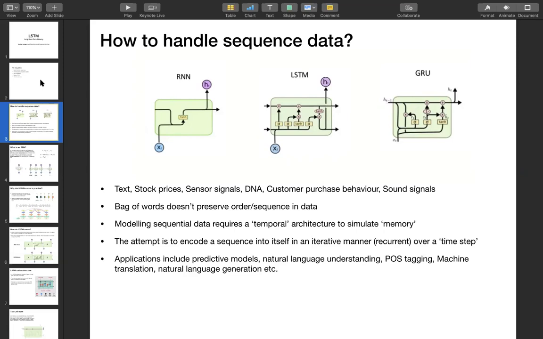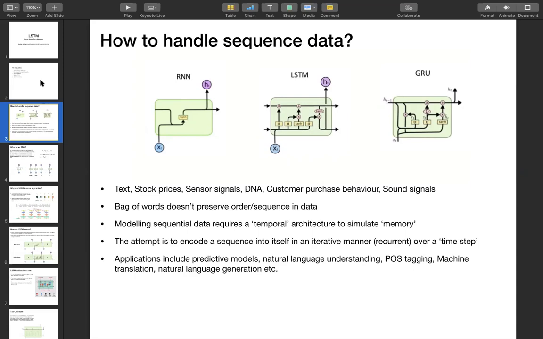Each step that you take in this iterative process is called a time step. But you're not really modeling time into it. You're just modeling steps.